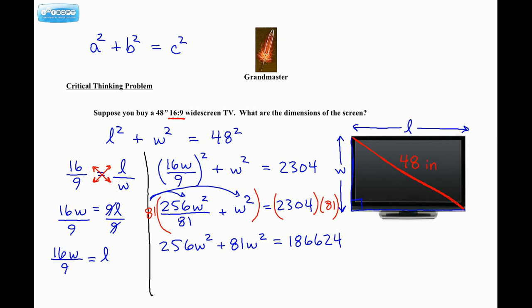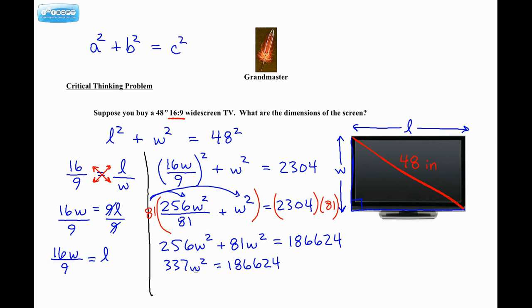186,624. All right, so now these are combinable, but it's just a little bit easier now. So 256W squared plus 81W squared gives me 337W squared, and that is still equal to this ugly number, 186,624.